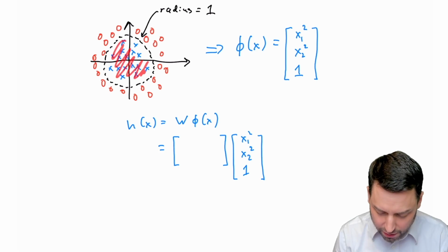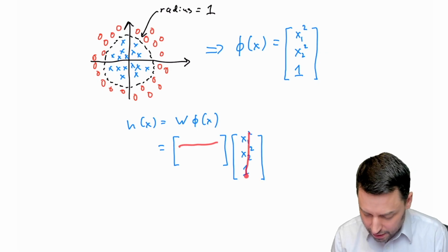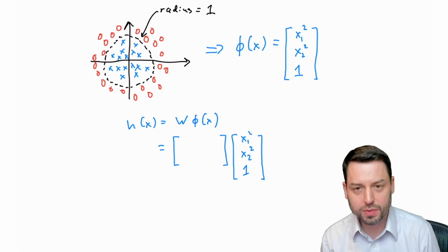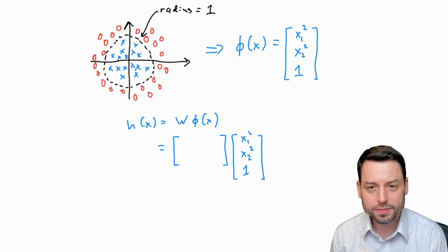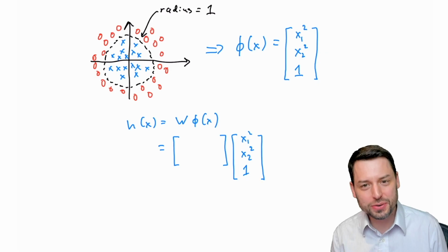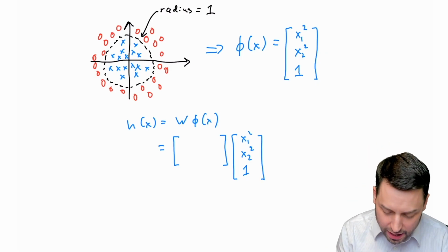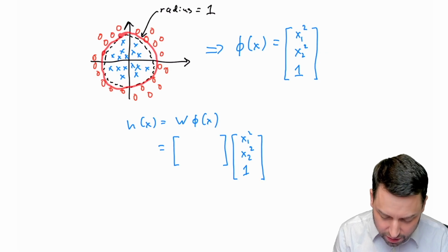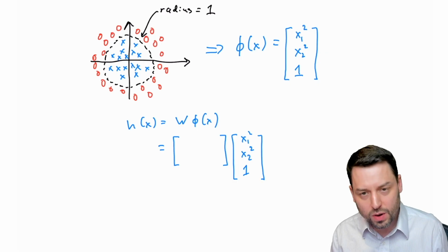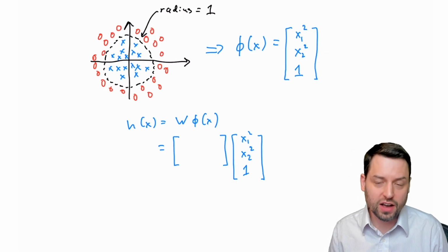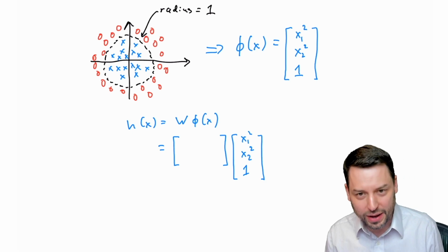Okay? And we want this quantity if we are inside this circle here. So if we're somewhere in here, we want the inner product of the first row and this example to be greater than the inner product of the second row and this example. All right, so how do we go about actually doing this? Well, obviously, the thing we're trying to incorporate here is that if x squared plus y squared is less than 1, we want to classify it one way. If x squared plus y squared is greater than 1, we want to classify it a different way.